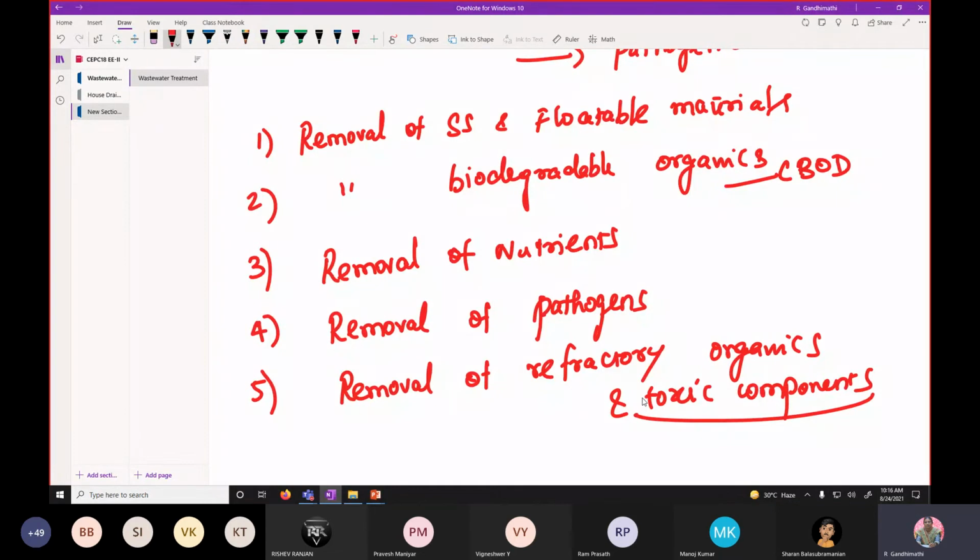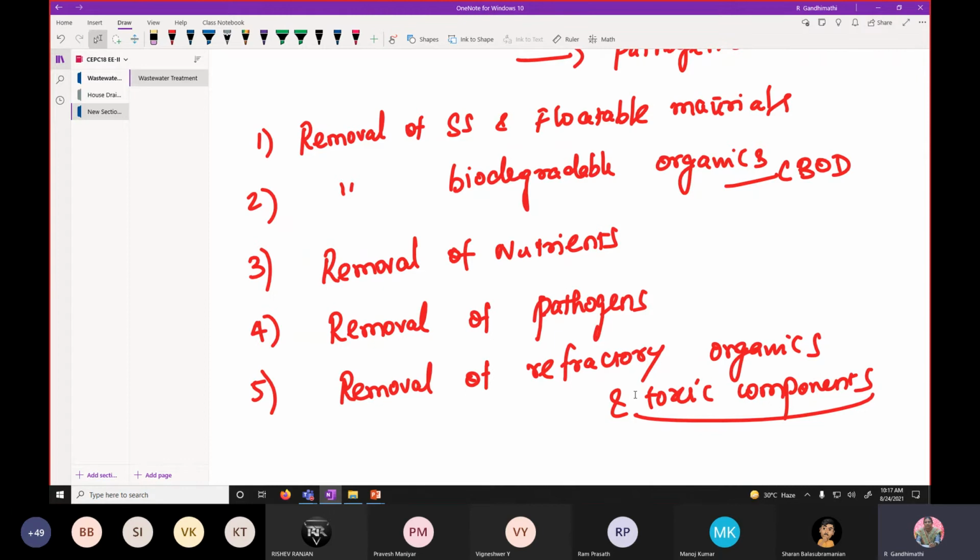Only industrial wastewater tends to have toxic components. Municipal wastewater has more suspended and biodegradable organics. Therefore, you have to give importance to the removal of suspended solids and floatable materials like oil and grease, then biodegradable organics, especially the carbonaceous matter, carbohydrates, then removal of nutrients like nitrogen and phosphorus, removal of pathogens, and then removal of refractory organics.